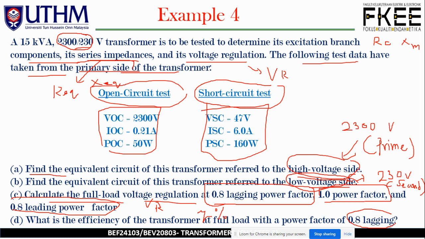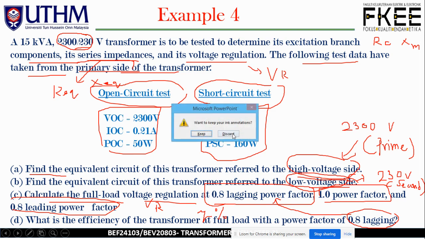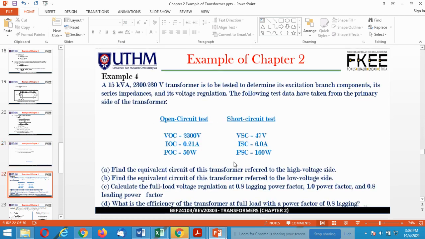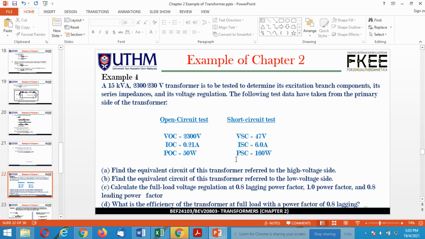So you need to pick all the data from the 0.8 lagging power factor. The data must be taken from this analysis. Okay, now we go to the solution of example 4. All right.